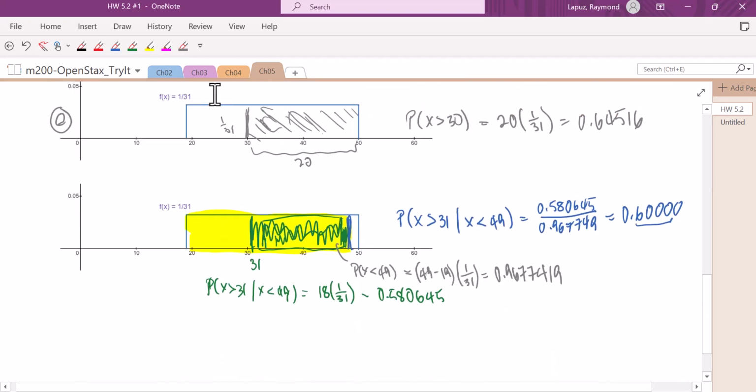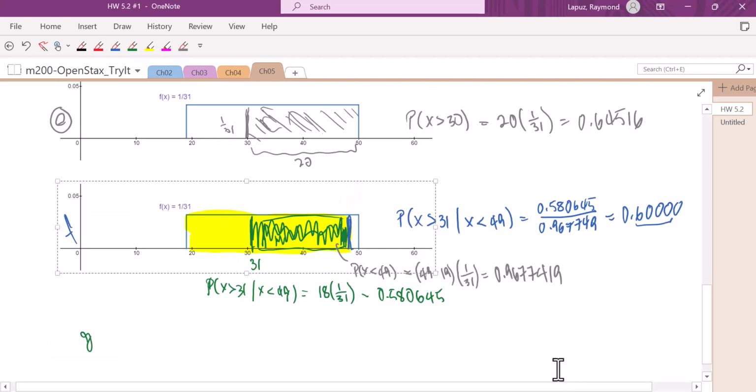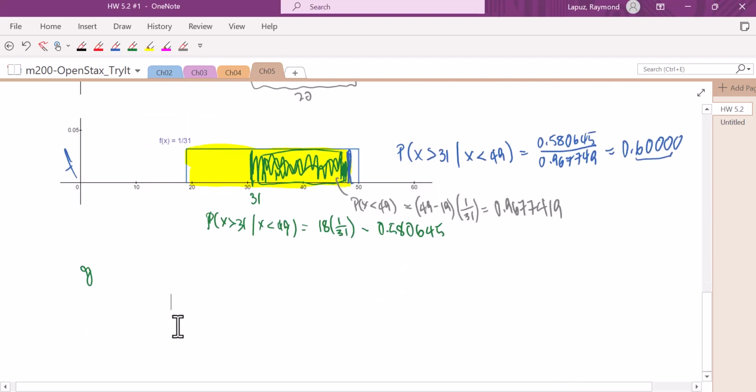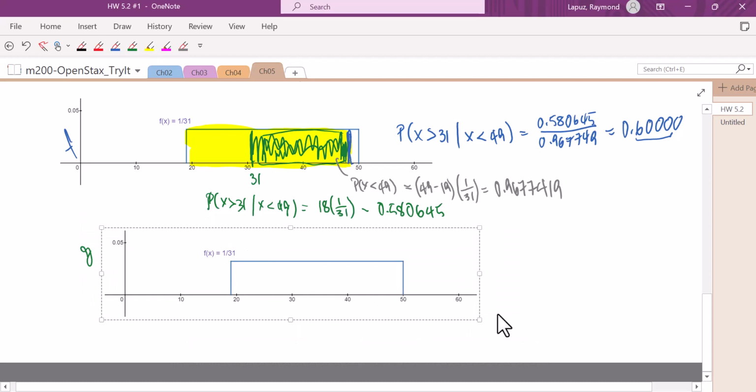Okay, next, 29th percentile. So this was E, this was F, and now we're going to do G. I think it might be good to just have another copy of this. We're looking at the 29th percentile.